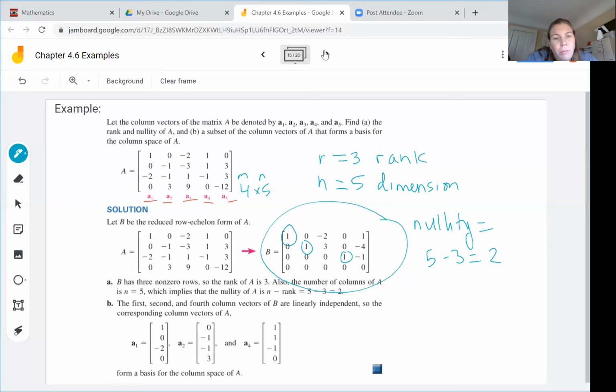So the corresponding vectors with those columns are going to be the basis for the column space of A. And here, these values are going back to the original A. So these are coming from matrix A. Because those are the linearly independent vectors, they form the basis for the column space because we're looking here at column space.